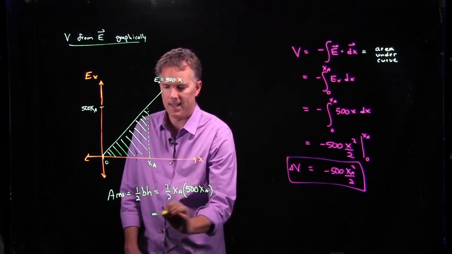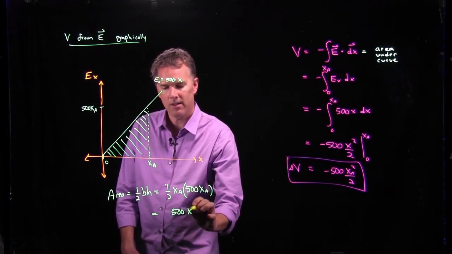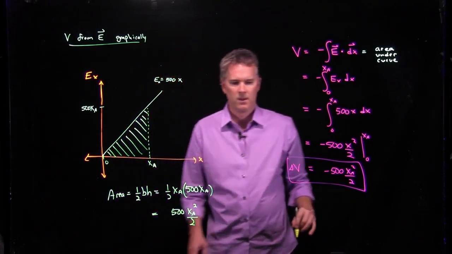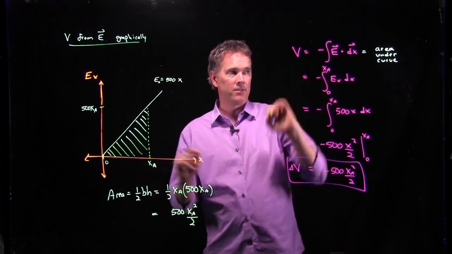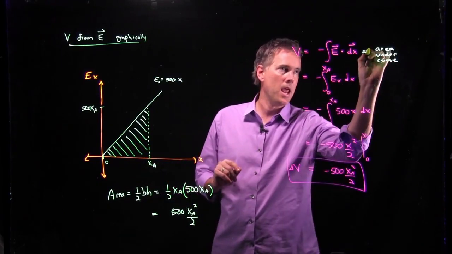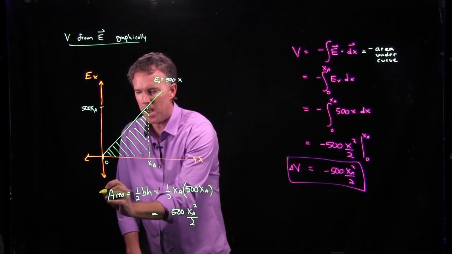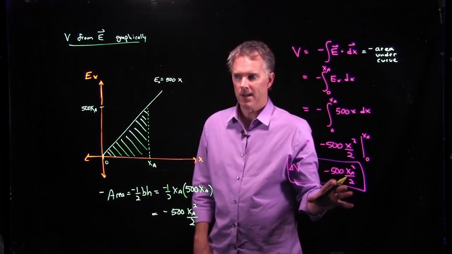And we, in fact, get exactly what we got over there, 500 x sub a squared over 2. The area is that, but that negative sign means you got to put a negative sign out in front of there. And so what we really want is the negative area. And now everything matches up.